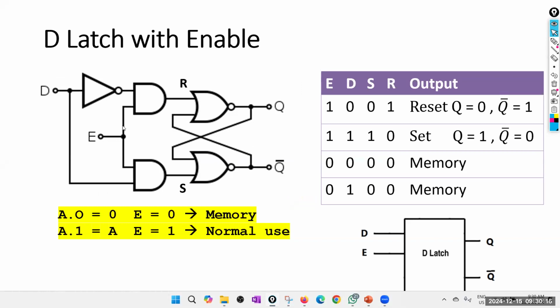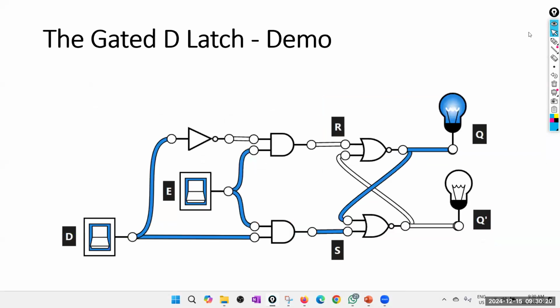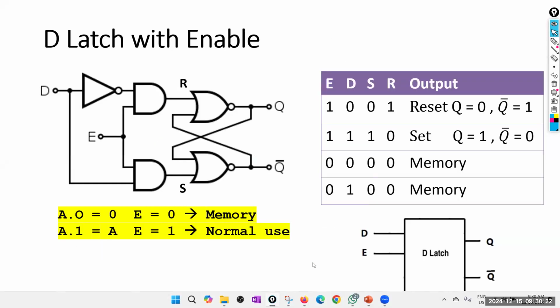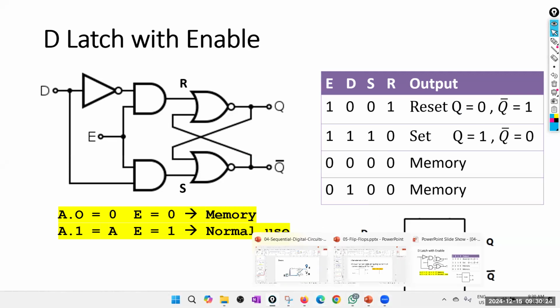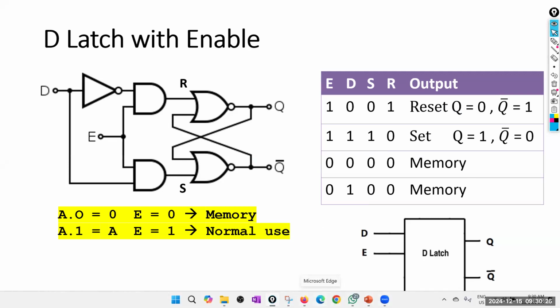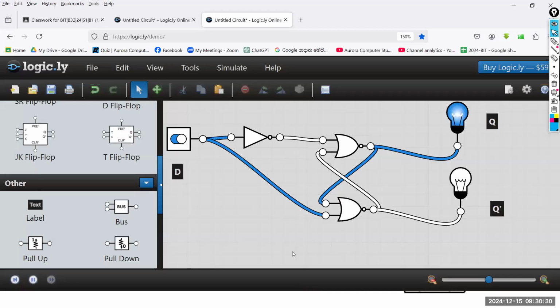Simple as that. Okay. Right. So let's make it. Let's convert our latch into a gated D latch. So additionally, I need now two AND gates. Okay, two AND gates.